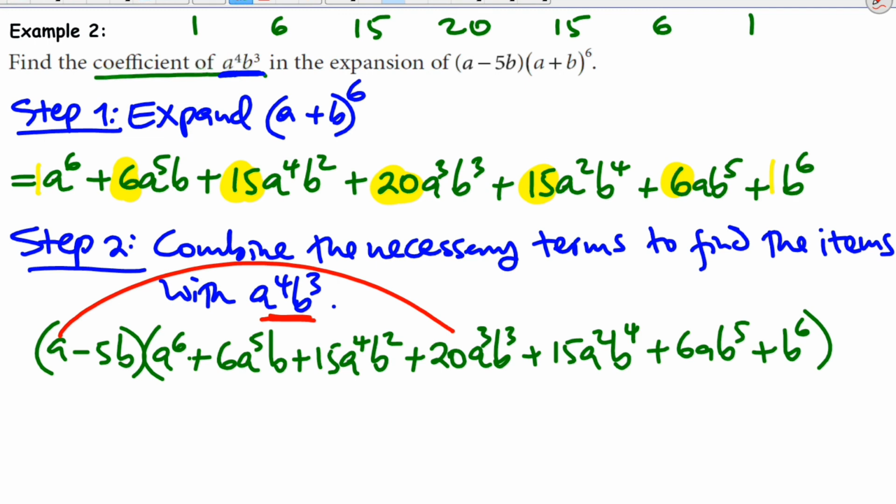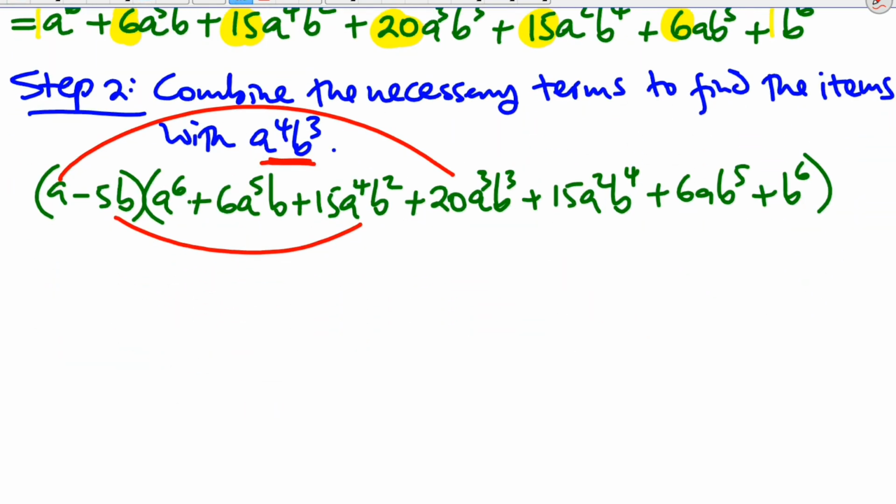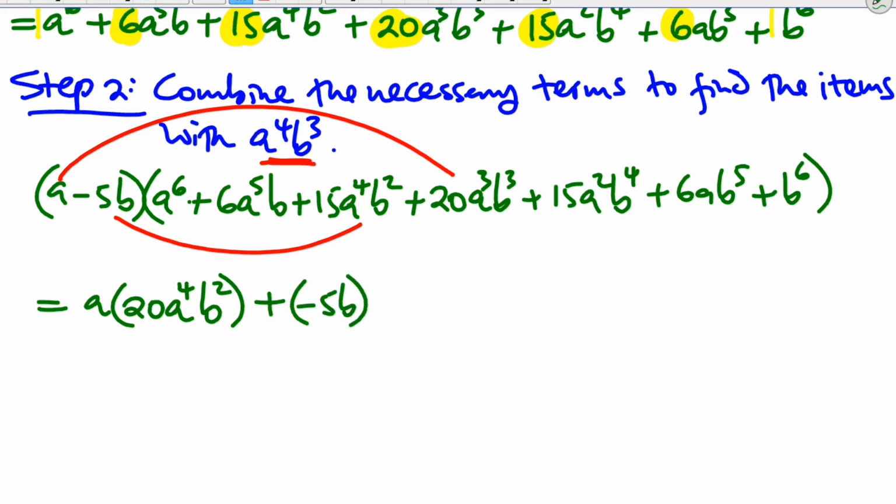Another option is to multiply negative 5b by 15a to power 4, b squared. So basically what we shall end up with is a multiplied by 20a to power 3, b to power 3 plus negative 5b multiplied by 15a to power 4, b squared.